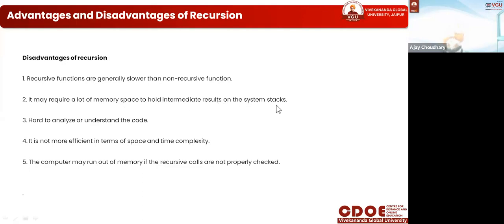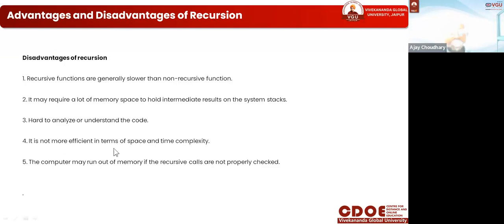When we compile these functions, we require some intermediate storage in memory, so it also requires a lot of memory. The code is hard to analyze or understand, so the recursive method is a complex-structured method. When we write any recursive method, we should know all its features and how it is used.